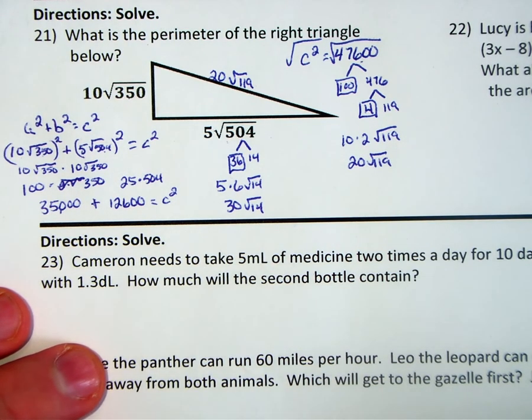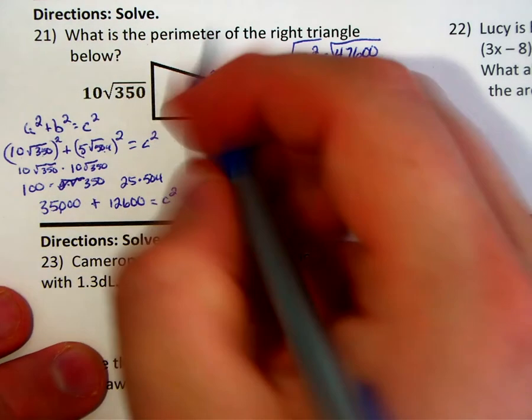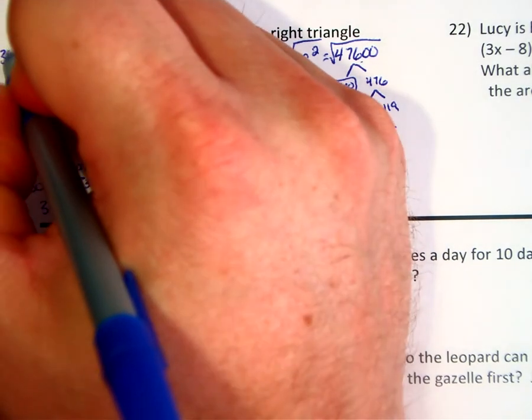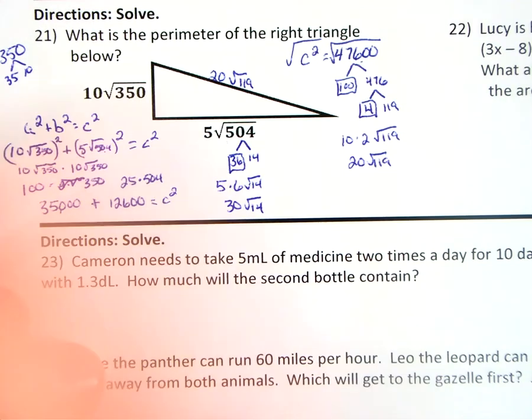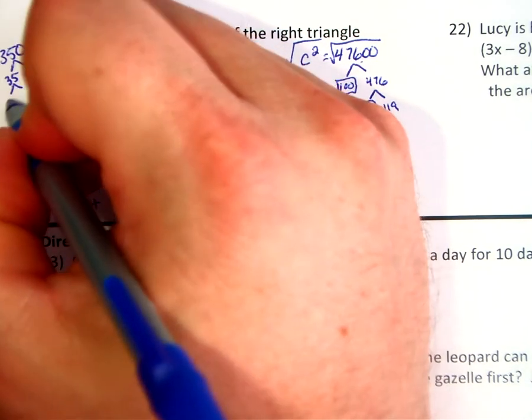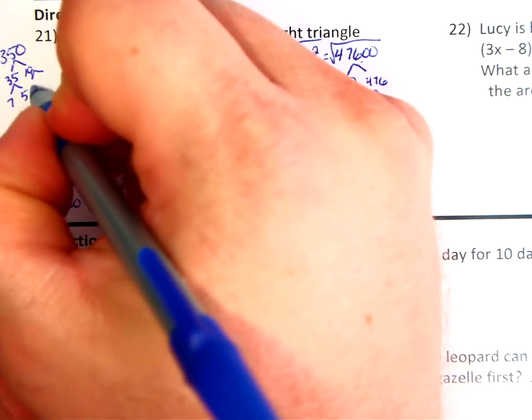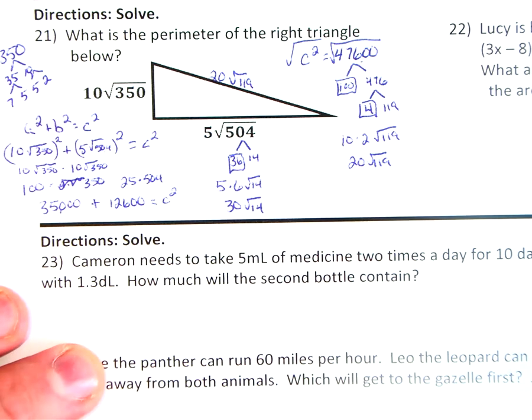Well, that's good to know. At least we know that it's not a like term. Let's simplify our other one. 350 ends in a 0, so my factors are probably 35 and 10, where this would be 7 and 5, and this would be 5 and 2.